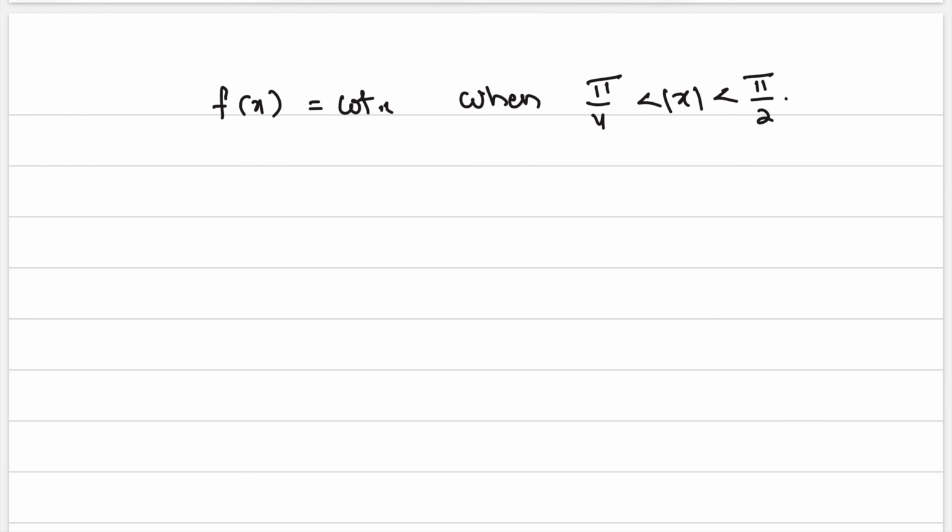What will be the Bn contribution? Function x is equal to cot x when pi by 4 is less than absolute value of x is less than pi by 2, between pi by 4 and pi by 2.